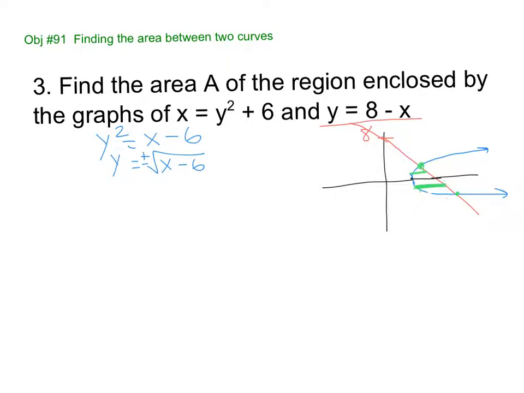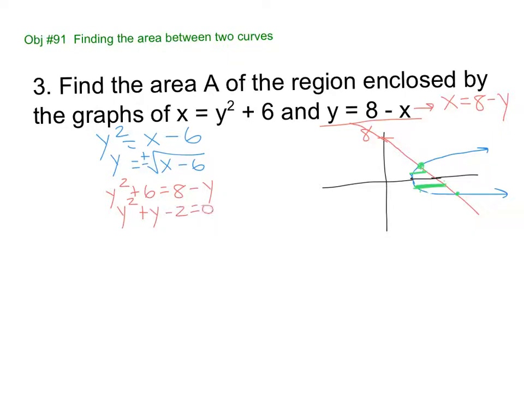So we need to find where these are equal to each other. So I need to take my line and solve for x. So x equals 8 minus y. Set them equal to each other. So the original y squared plus 6 equals 8 minus y. y squared plus y minus 2.